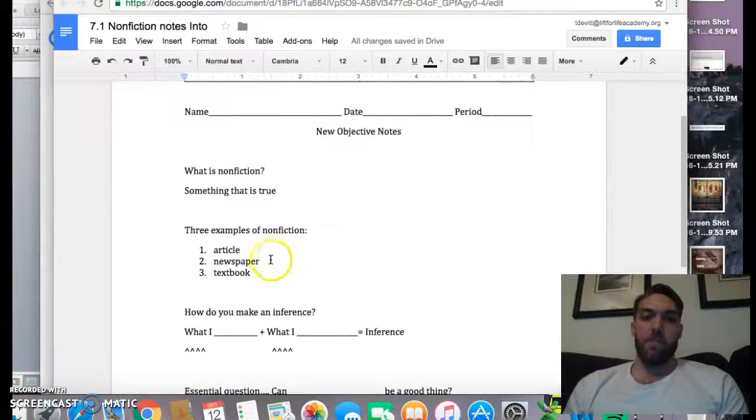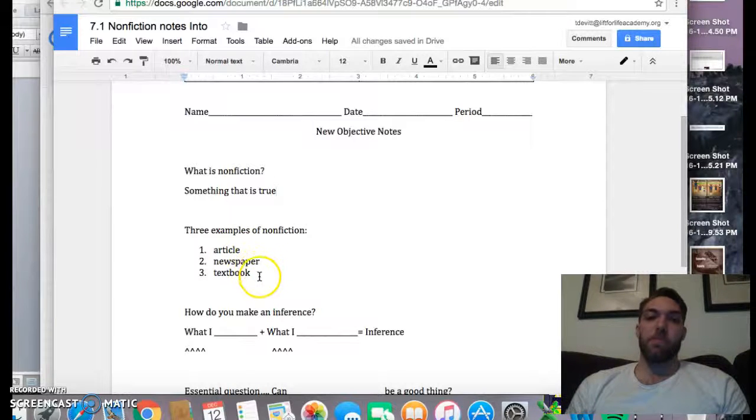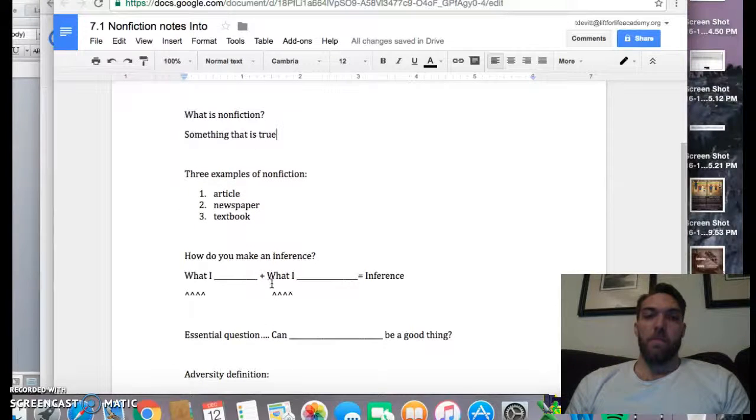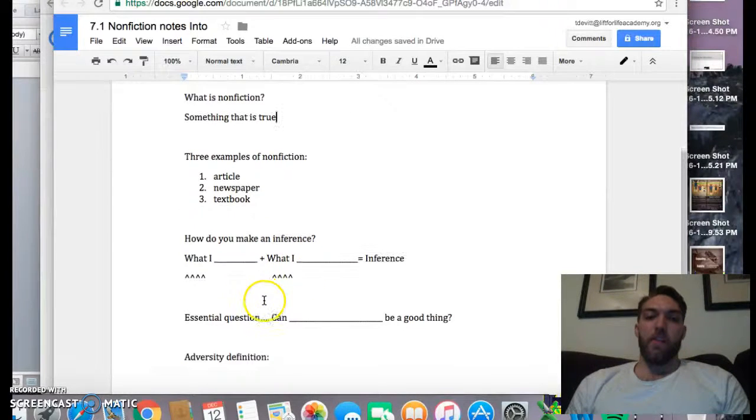Three examples of nonfiction: I said articles, newspapers, textbooks, anything like that that's written with facts and evidence and statistics, things that can be proven as 100% true. That's nonfiction.